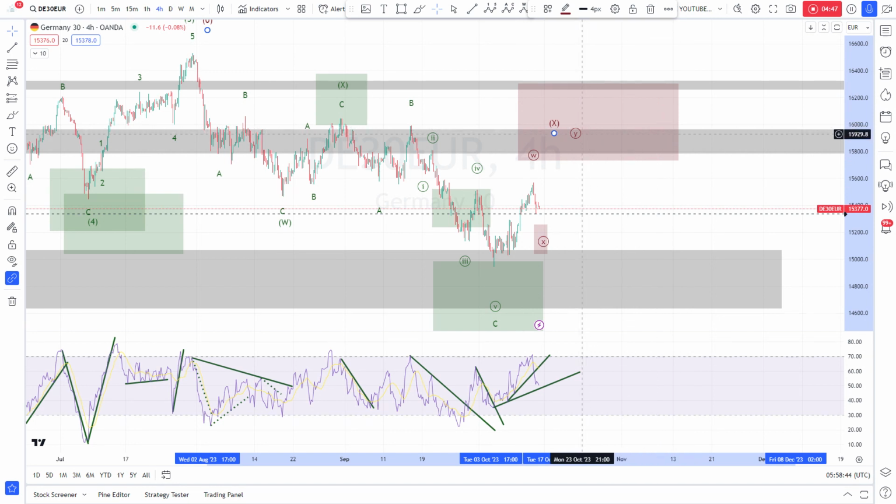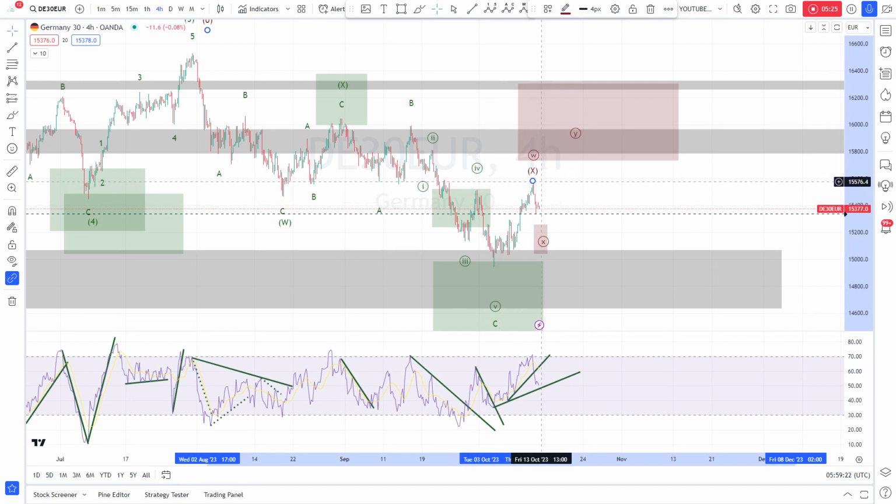So that means that if the Nasdaq is ready to go down, the DAX will probably not first do a rally up before going down. This is something that we have to consider simply because of the Nasdaq, that the wave X can be in right here. So I will not call for it now, but it is definitely possible that we only had a shallow wave X right here.